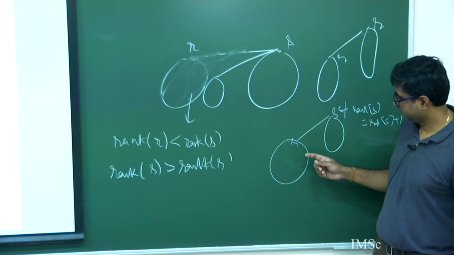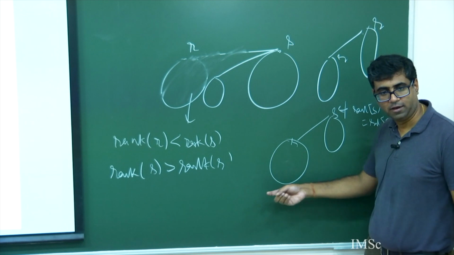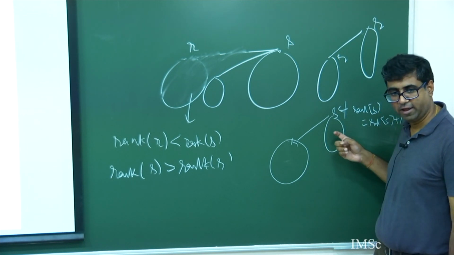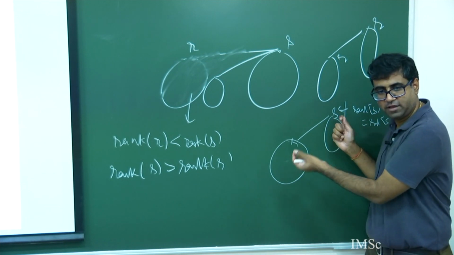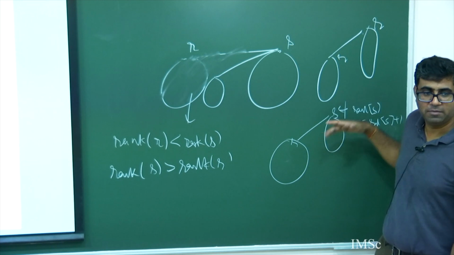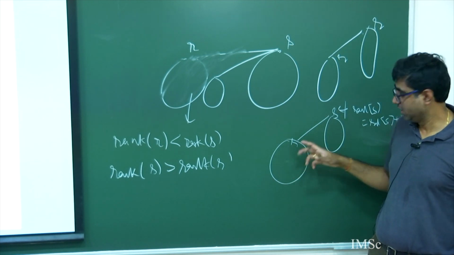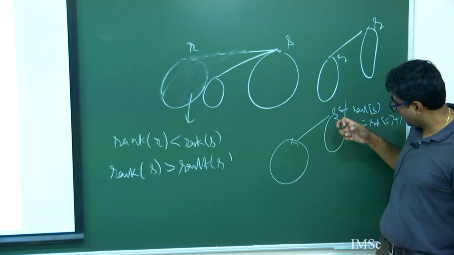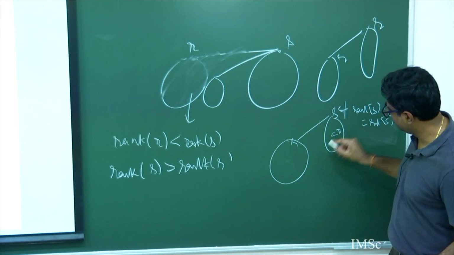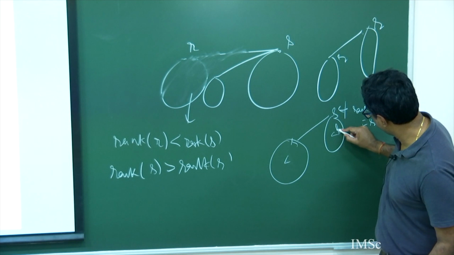Because this guy was unique and the highest ranked. When I added these two guys, there are two of the same rank, but I updated him, so I have made him different from the other, and all the others have strictly less rank.